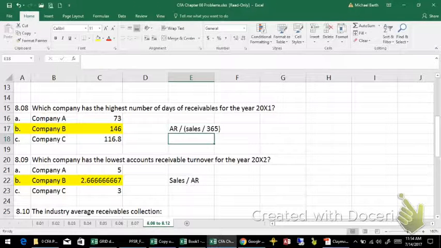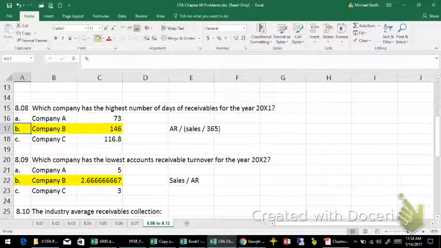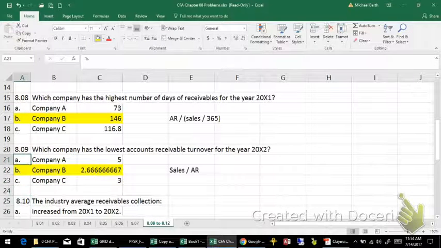So essentially they're the reciprocal of each other. Whichever company has the highest days of receivables is also going to have the lowest turnover. Days of receivables is how long it takes you to collect, and turnover is how many times you collect everything during the year.